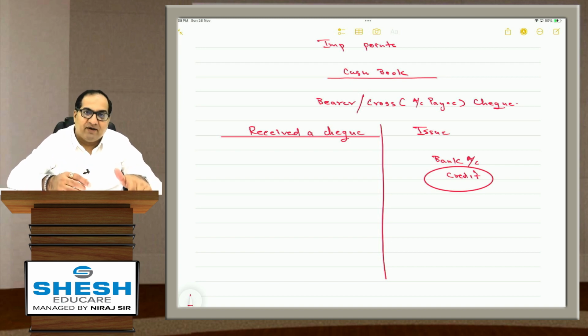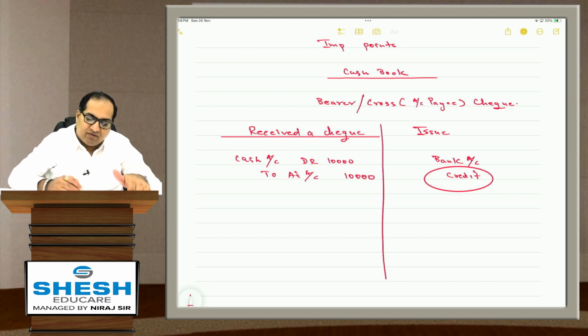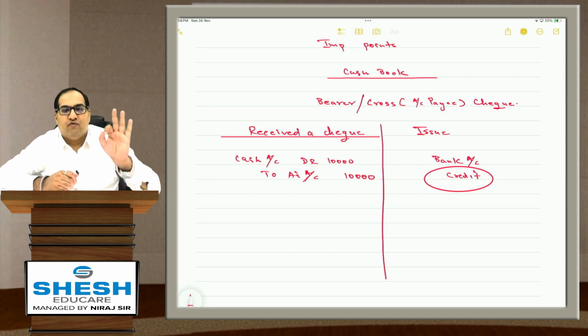So if I have received a bearer check from Mr. A, my entry will be cash account debit. Let us say it is of 10,000 to A's account 10,000. Please don't misunderstand. I have received a check, but still I am writing cash account because it has got nothing to do with my bank balance.